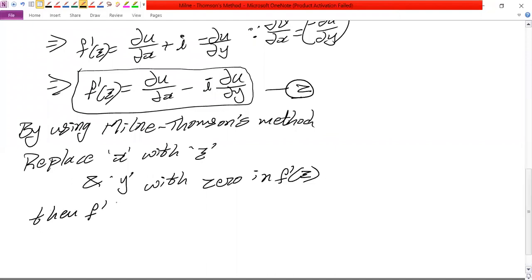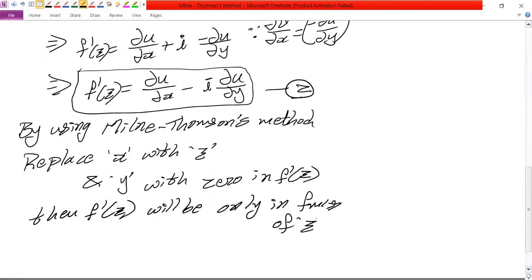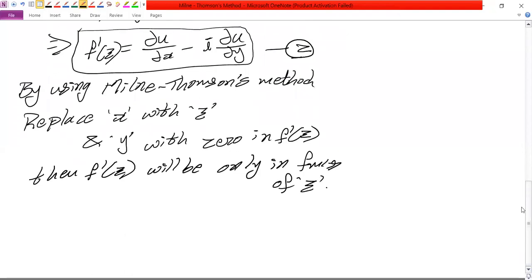If that is the case, f dash of z equals to right hand side also in functions of z.